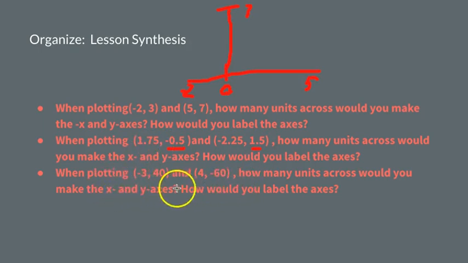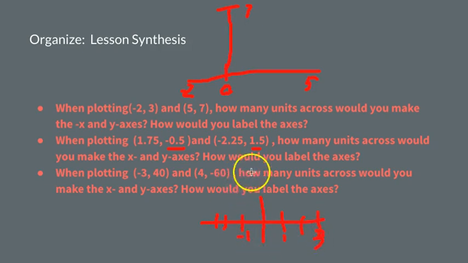What about this one? -3, 40, and 4, -60. Yeah, so this would be one of those weird ones where you'd probably have individual units across. So this would be -1, this would be 1, and you really only have to go up to about 4, right?